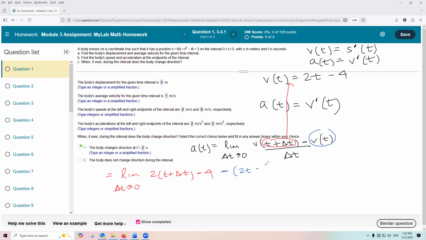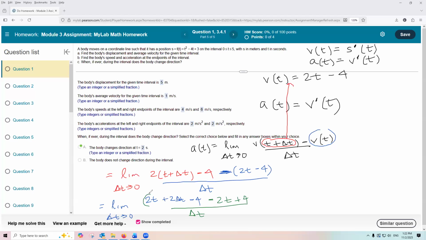Well, that's just 2t minus 4, and this is all over delta t. All right, let's expand this. So this is 2t plus 2 delta t minus 4. Back here, I'm going to distribute the subtraction sign. So it's going to be minus 2t plus 4 all over delta t.